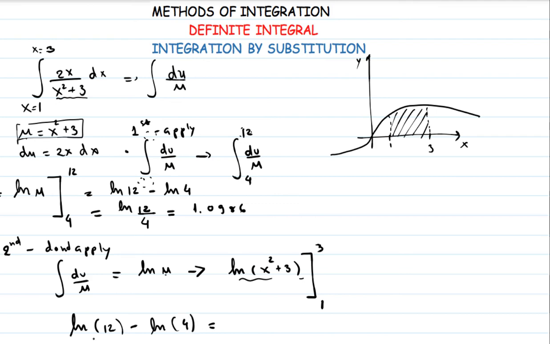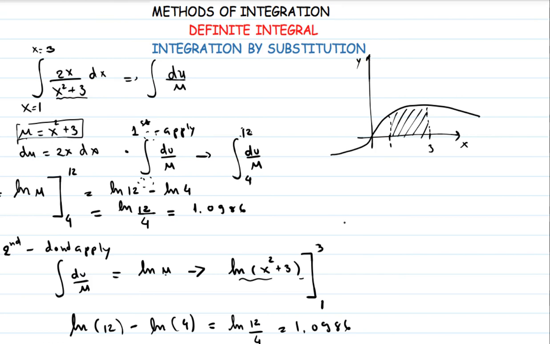So you're going to have natural log of 12 minus natural log of 4, which is basically the same thing as we had here. So this is natural log of 12 divided by 4, which is equal to 1.0986. This is how we would solve this problem here.